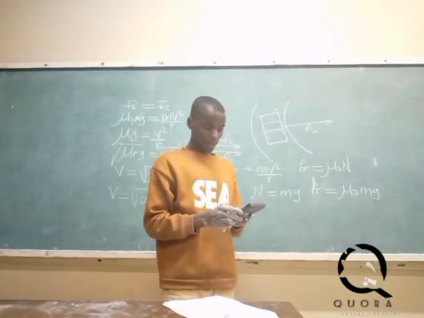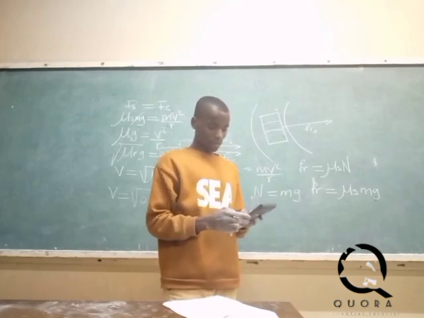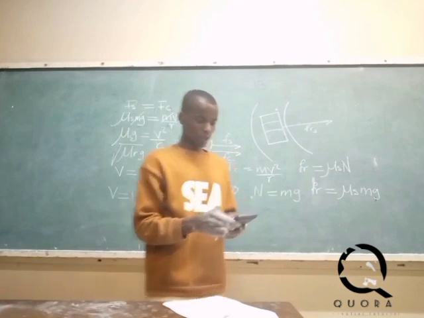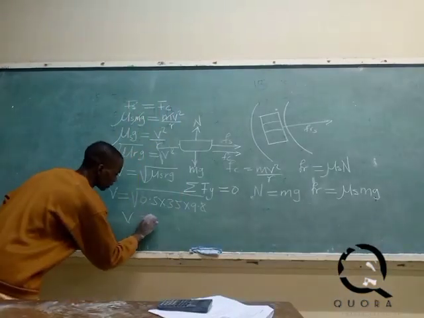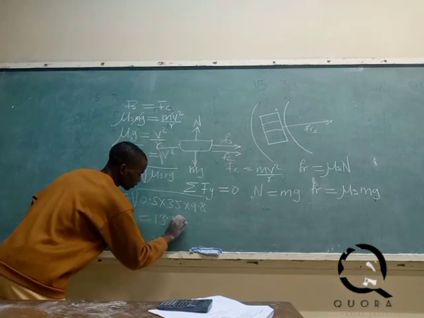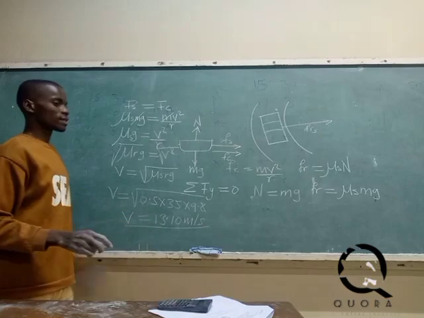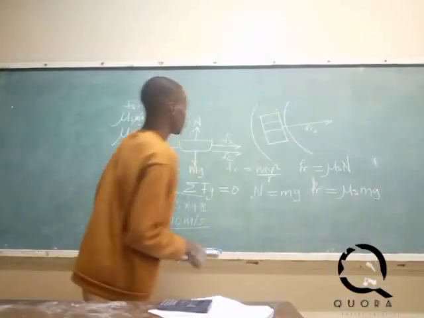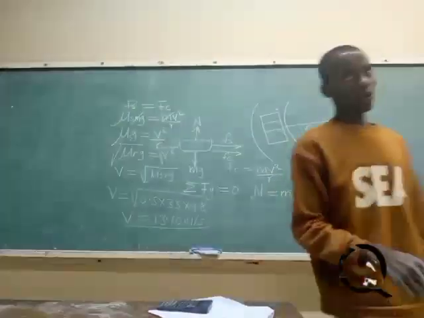Okay, so we're getting 2.09, which is equivalent to 15.10 meters per second. This is the maximum speed the car can have as it moves on the curve.